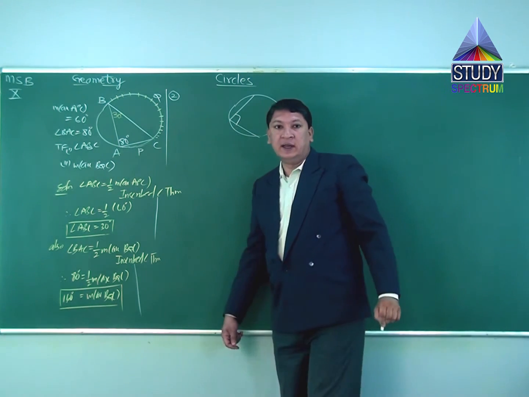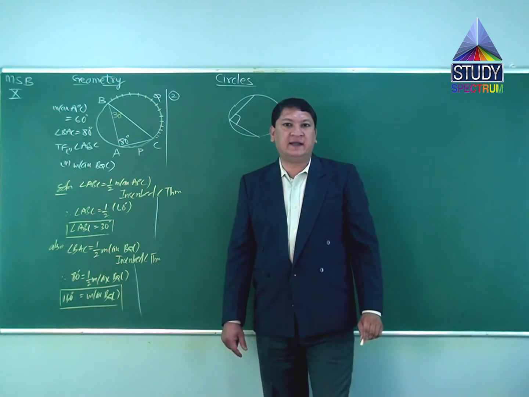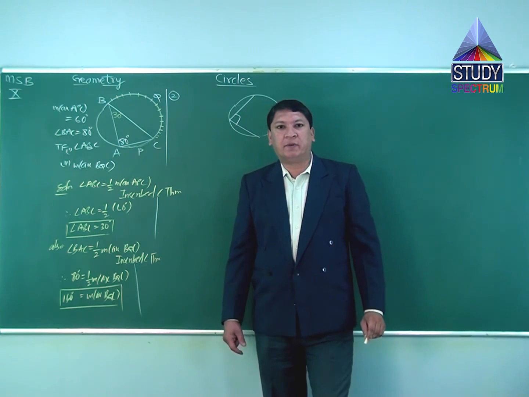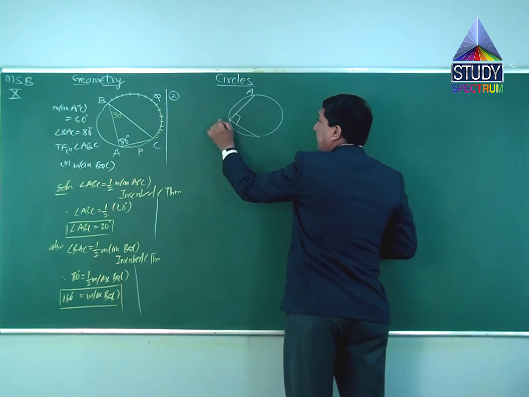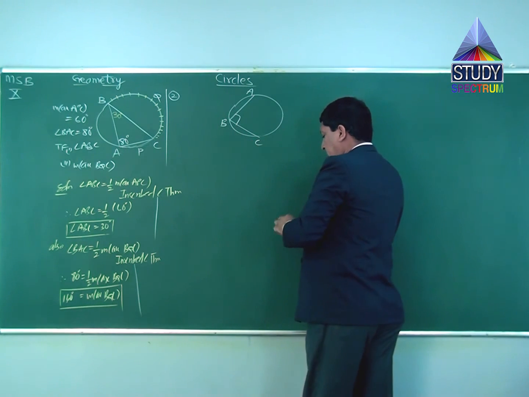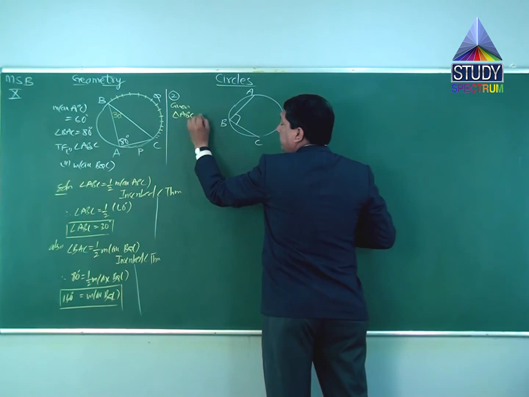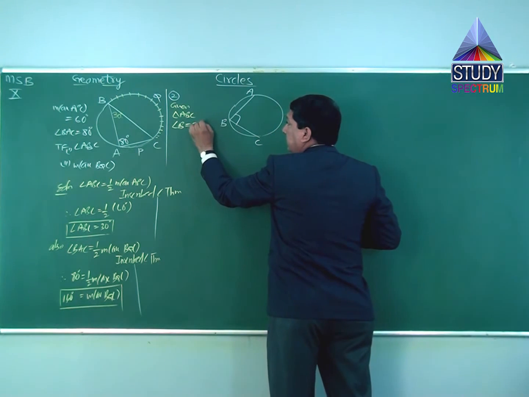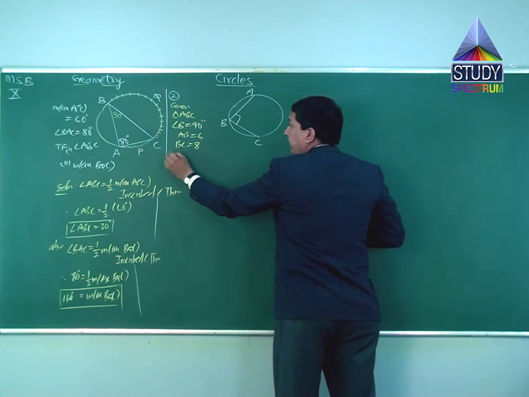I'll read out the question: find the radius of a circle passing through the vertices of a right angle triangle when the lengths of the perpendicular sides are 6 and 8. I'll name it ABC. Given: triangle ABC, angle B is 90 degrees, AB is 6, BC is 8. To find the radius of the circle.